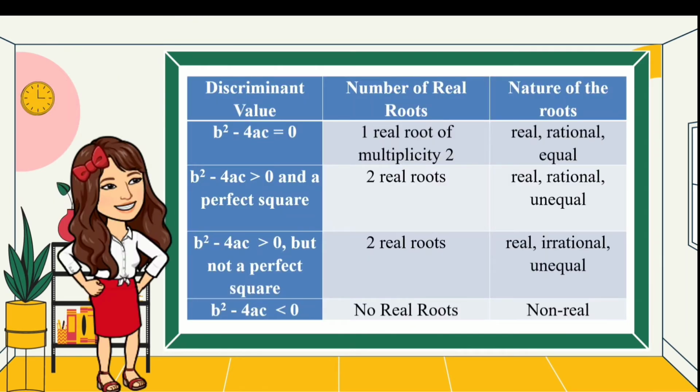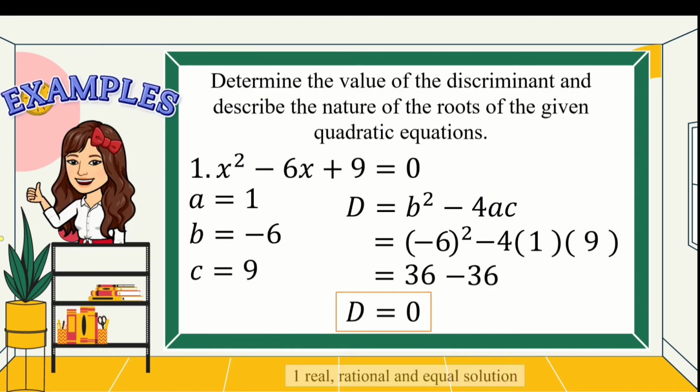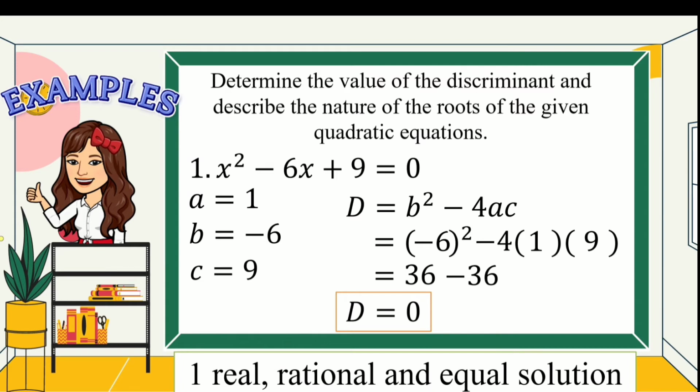Going back to our table, if the value of the discriminant is 0, therefore, the number of real roots will be 1. The nature of the roots are real, rational, and equal. Therefore, x squared minus 6x plus 9 equals 0 has one real, rational, and equal solution.